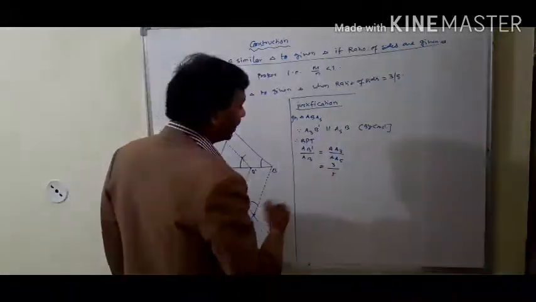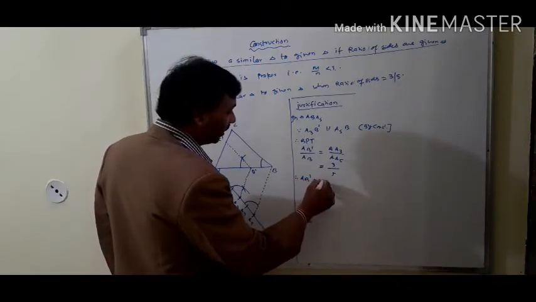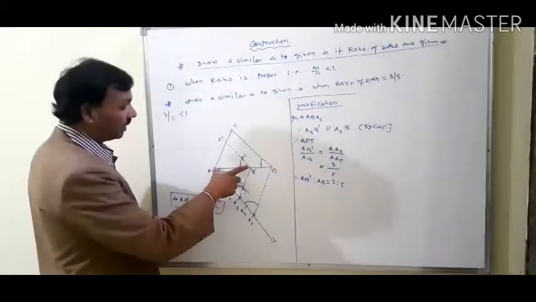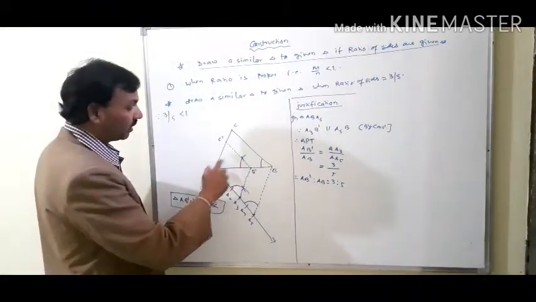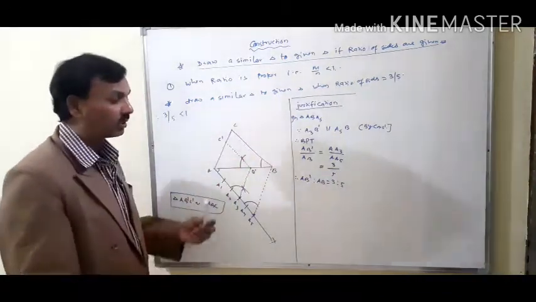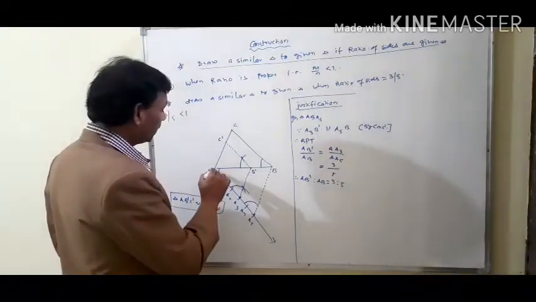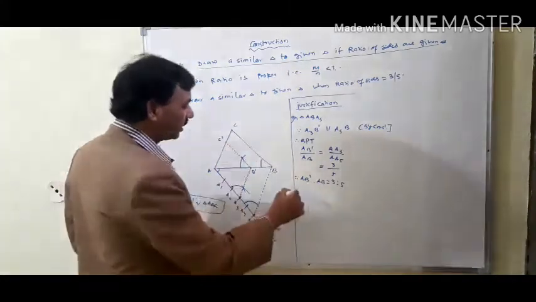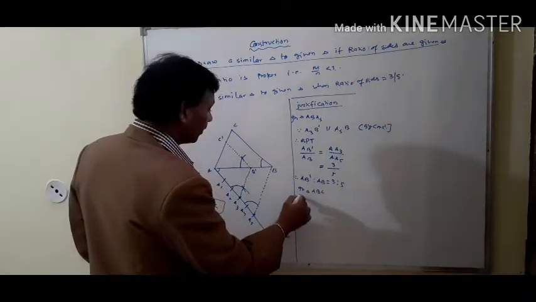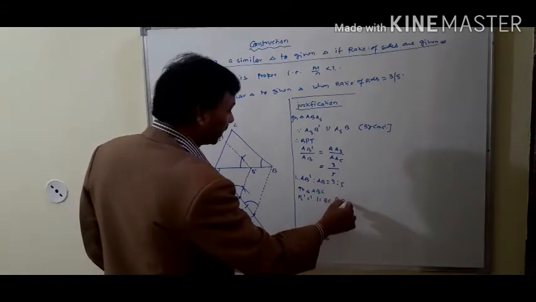This is 5. Therefore AB dash upon AB is equal to 3:5. Now we go to triangle ABC. In triangle ABC, B dash C dash is parallel to BC, by construction.